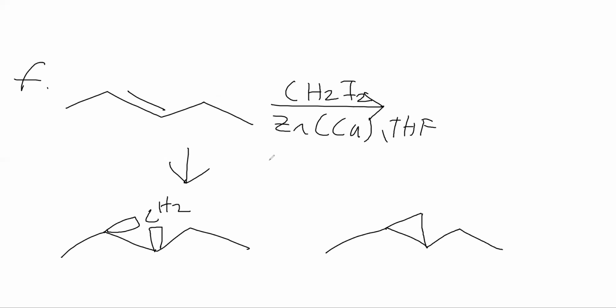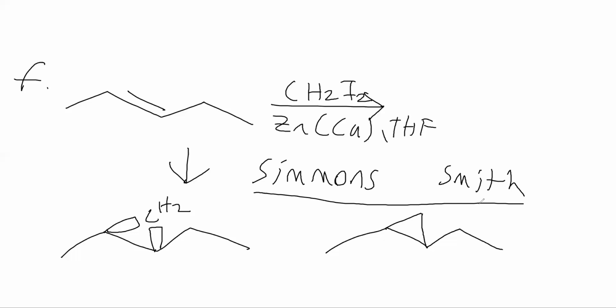And the name for this reaction is Simmons-Smith. So knowing the names of reactions might be important. He might ask you some multiple choice question like, what is the product of a Simmons-Smith reaction? And maybe it would say epoxide, diol, cyclopropane, and something else.